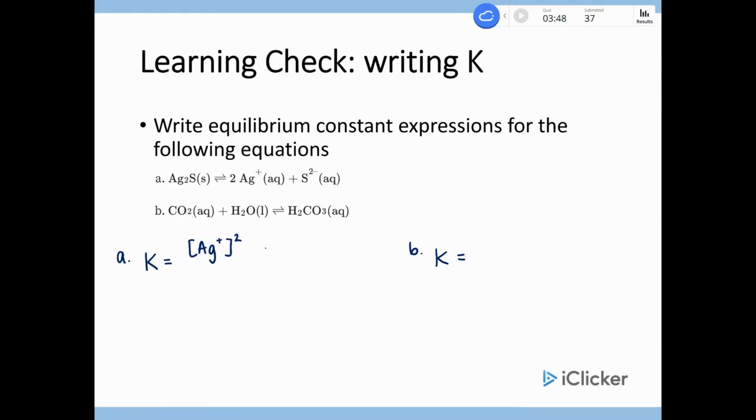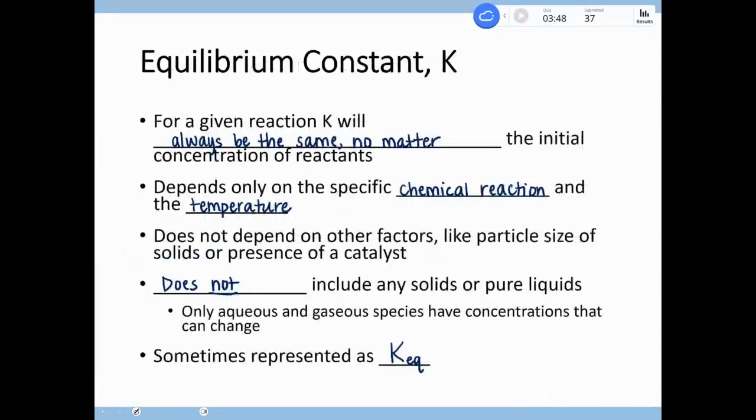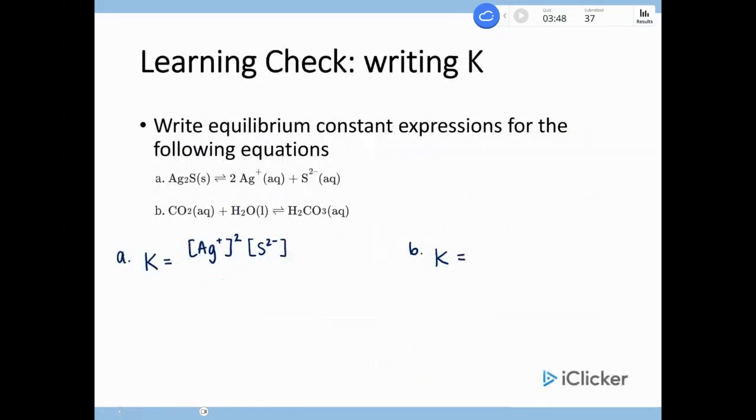Next we have sulfide, S2 minus, also aqueous, with a coefficient of 1, so raised to the power of 1. And that's everything for the products. Reactants go in the denominator, but here our reactant is a solid. On the previous slide we said equilibrium constant expressions do not include solids or pure liquids. So all that we have for that equilibrium constant expression is silver and sulfur, and that's it.